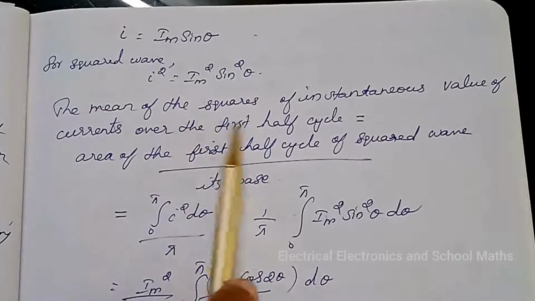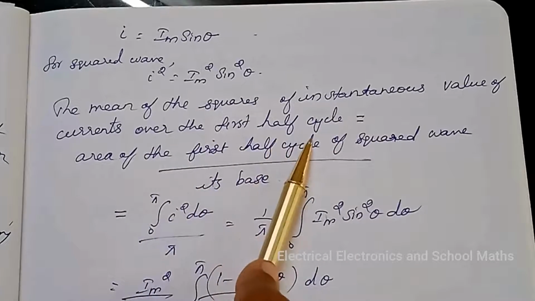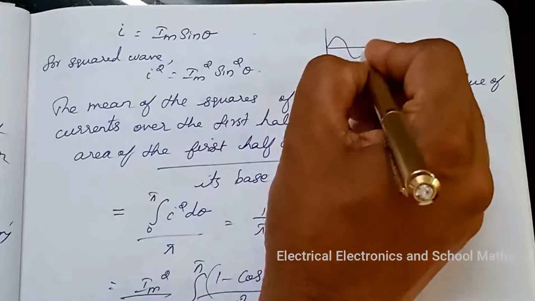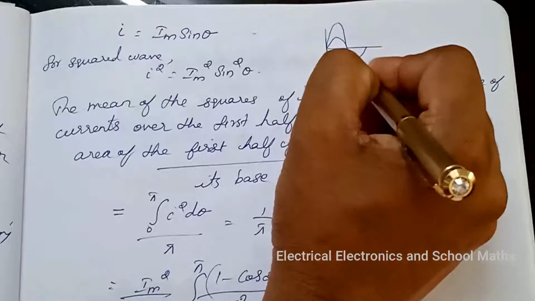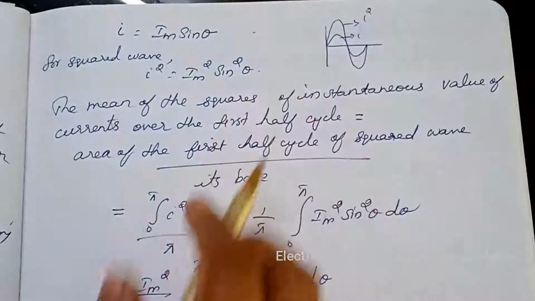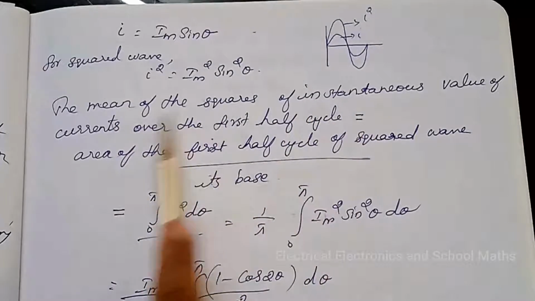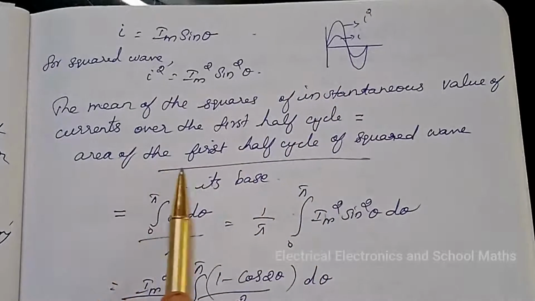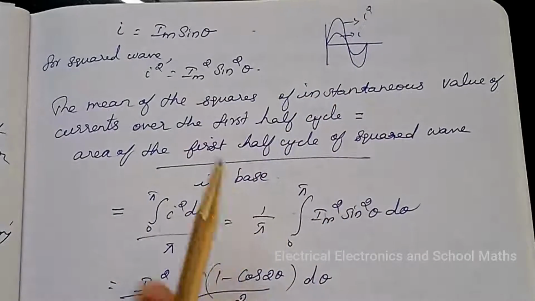This is the sine wave and let this be the squared wave. Then the mean of the squares of instantaneous value of currents over the first half cycle is equal to the area of the first half cycle of the squared wave divided by its base.